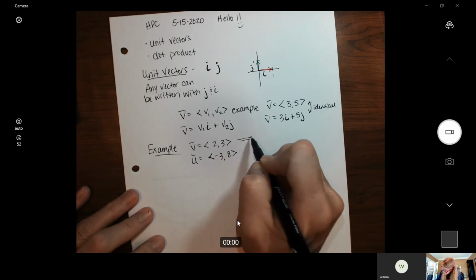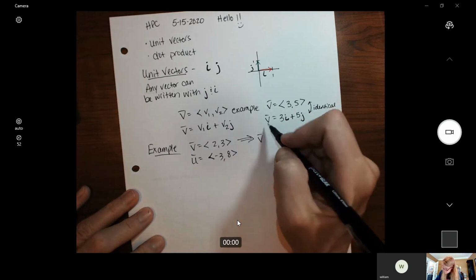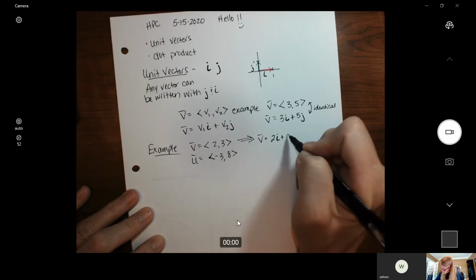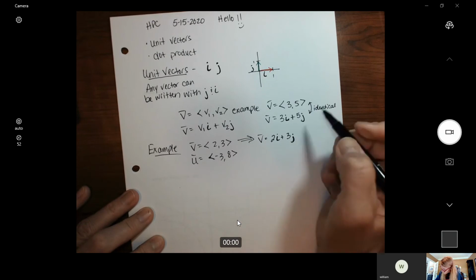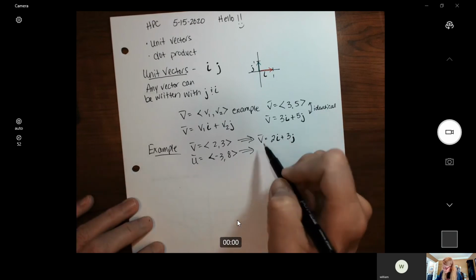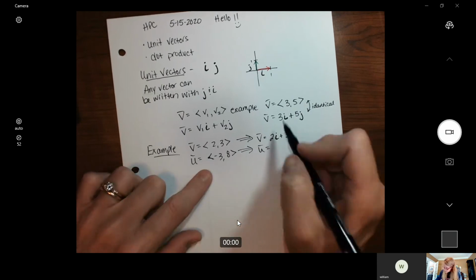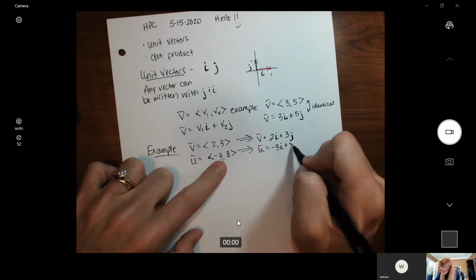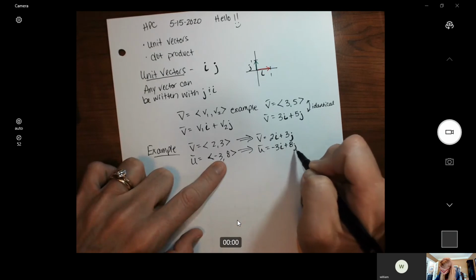We can represent these as, in this case, 2i plus 3j. And notice I'm trying to make those vectors bold. And u would be -3i plus 8 times the unit vector j.